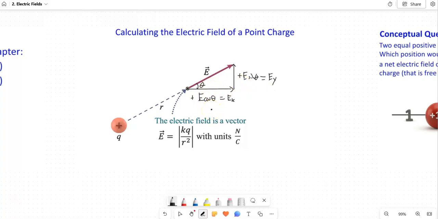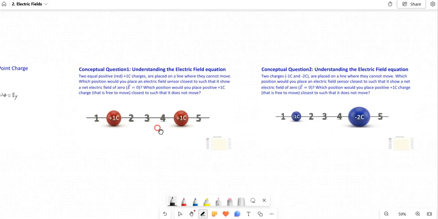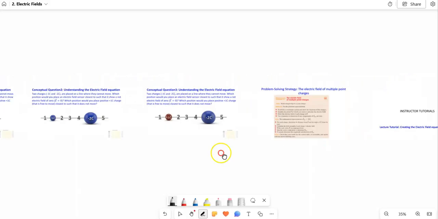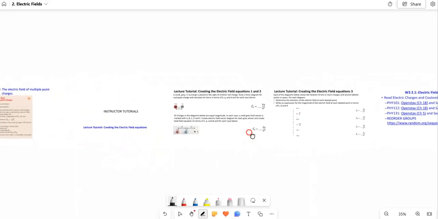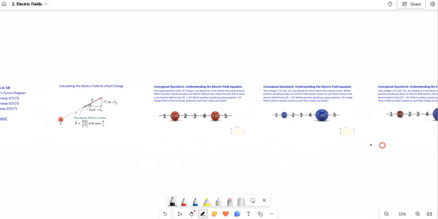The approach you're going to be doing is the same approach you'll be doing when calculating forces, except now we're not dealing with the force on a charge. We're just dealing with what is the electric field at this point in outer space. Now, let's practice this, and then we'll go into the formal procedure for calculations, and then we'll do some practice problems, which will be part of your tutorial.